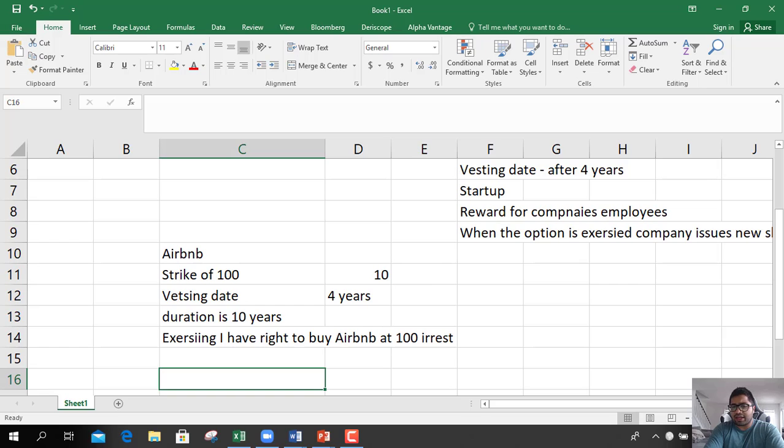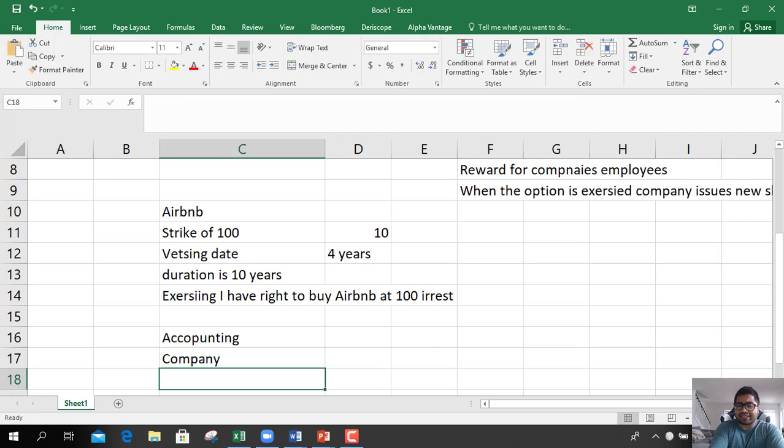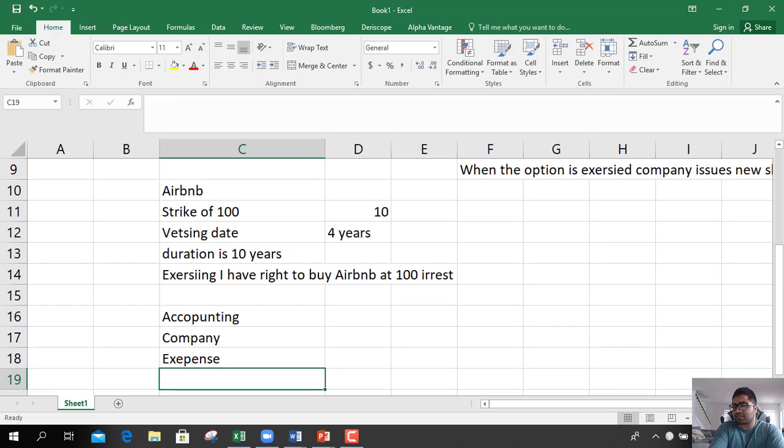So these are employee stock options. Now, if you look at the accounting treatment of options, for the company it is treated as an expense. Employee stock options are expensed in the income statement when they are granted, not when they are exercised. When they are granted, the value of that option is calculated and expensed.